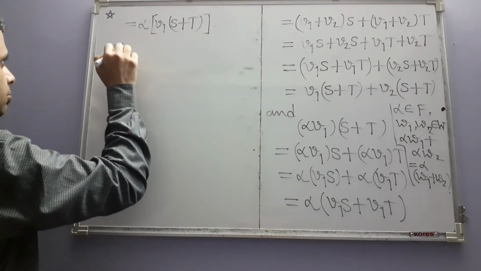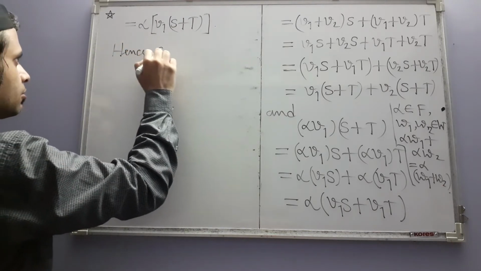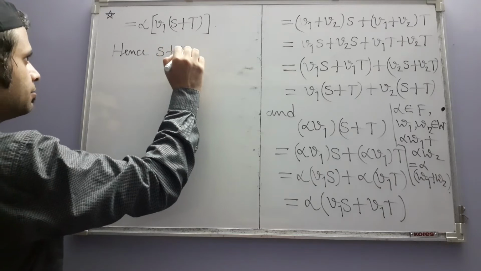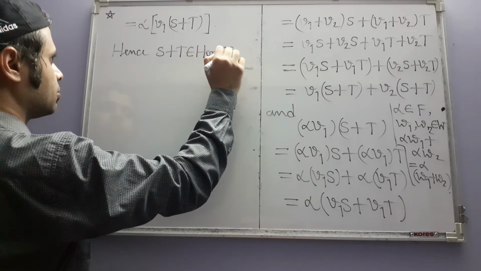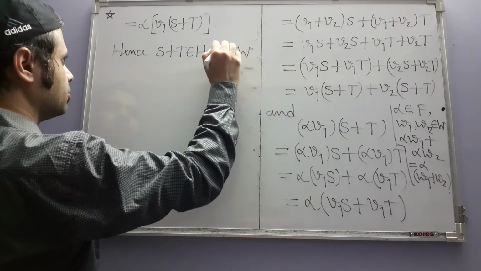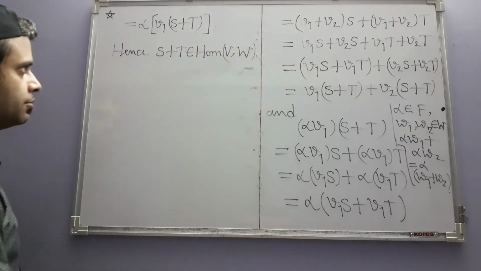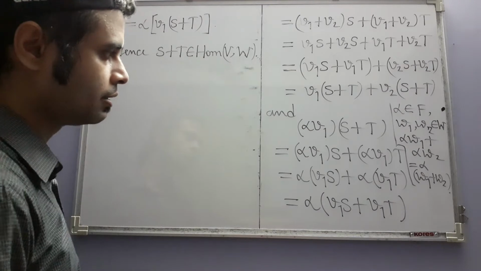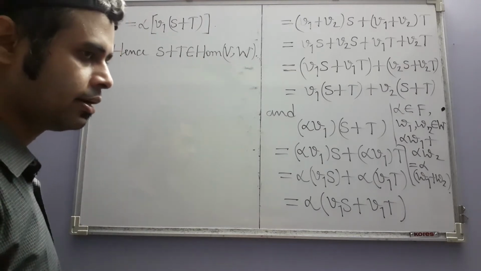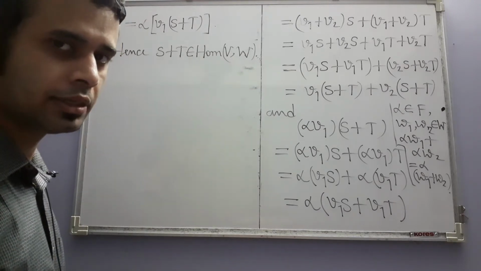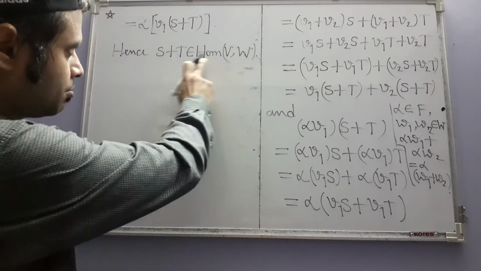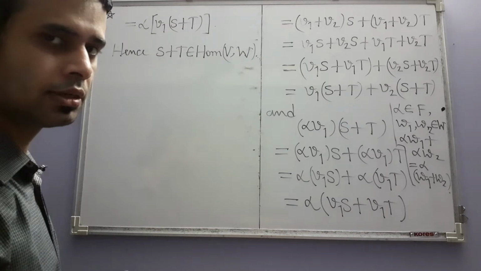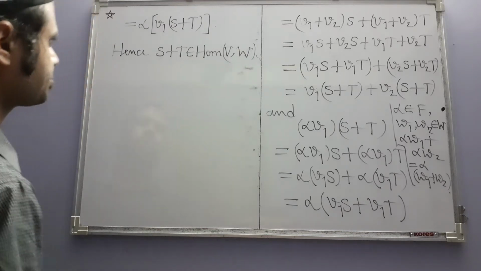Hence S plus T belongs to the set of homomorphisms of V into W. So the sum we have defined at least again leads us to an element inside the set itself. So the set Hom is closed with respect to this new operation, the sum.